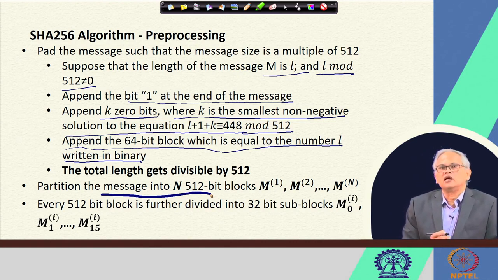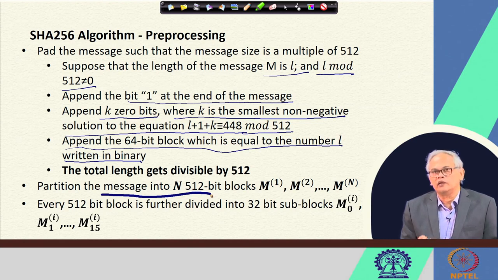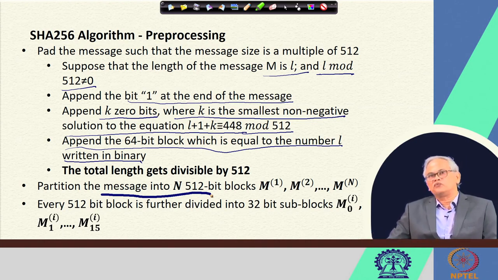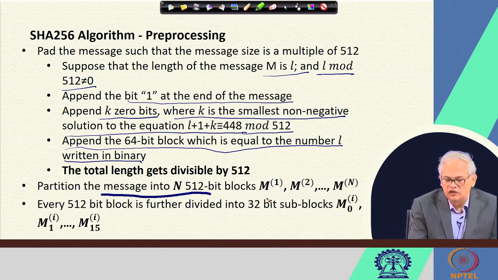Okay. So, say the length is now 1024, then we can partition the message into two 512 bit blocks, and we call them, say, M1 and M2. If, instead of 1024, say the length is 2048, in that case we will partition this message into four 512 bit blocks, and we will call them M1, M2, M3 and M4.